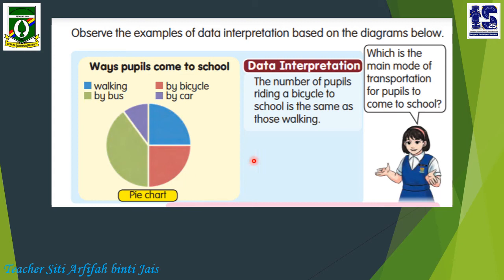What else can we interpret? Look at the size of the pie chart of the purple color representing the number of pupils who come to school by car. So we can interpret that the pupils who come to school by car are the least.